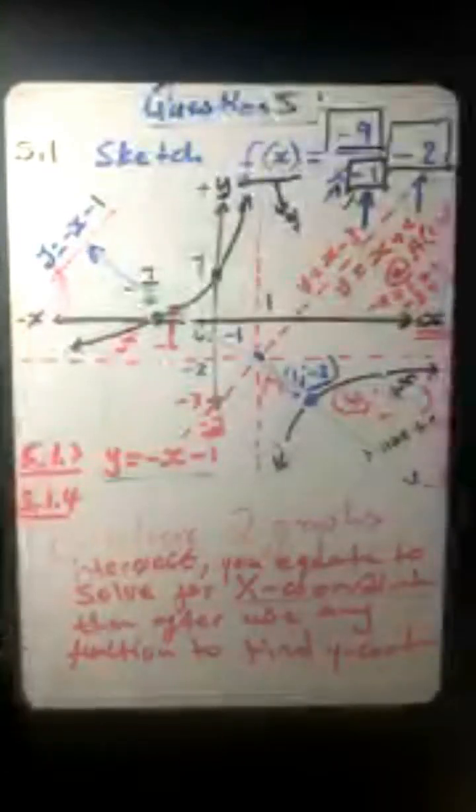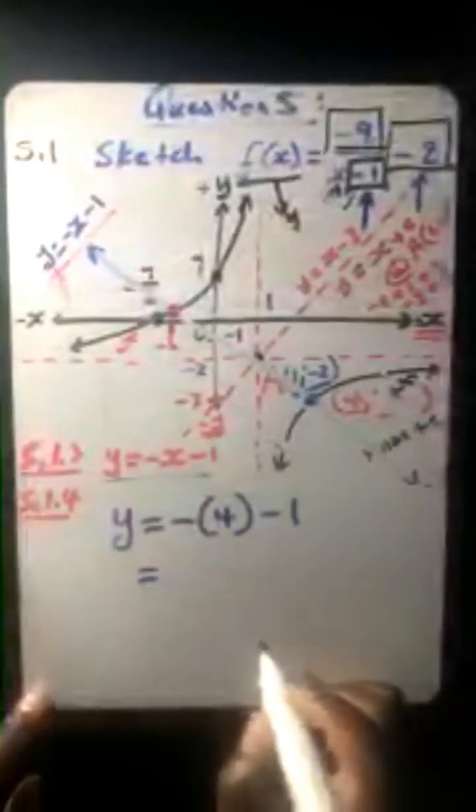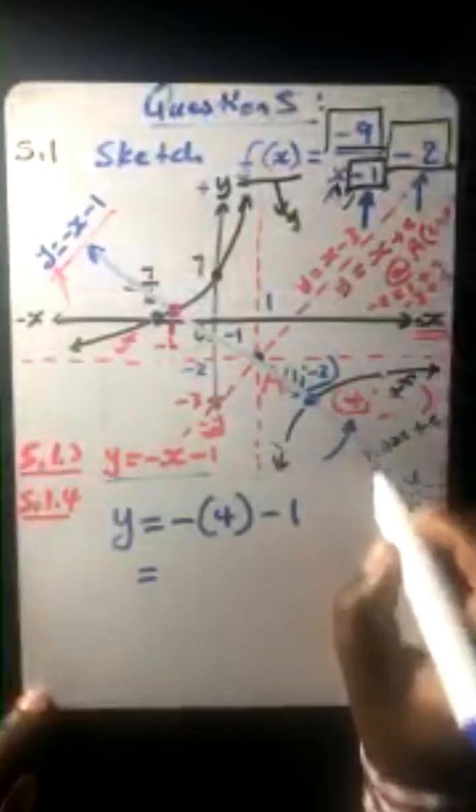Yes, then when we use f of x, our answer is equal to -5 for the y value. Is it everyone who's getting -5? Yes, you are correct. Because where we see x, we substitute 4.